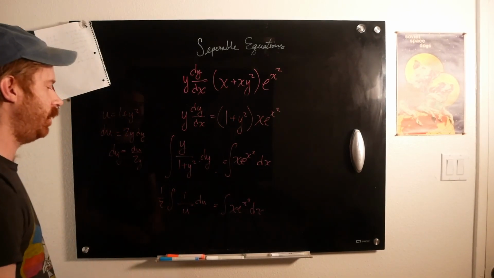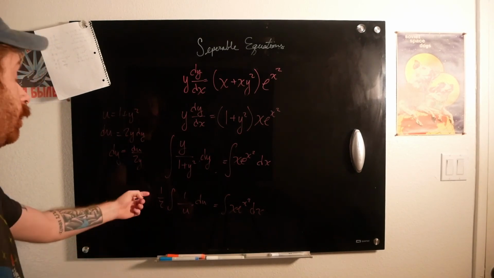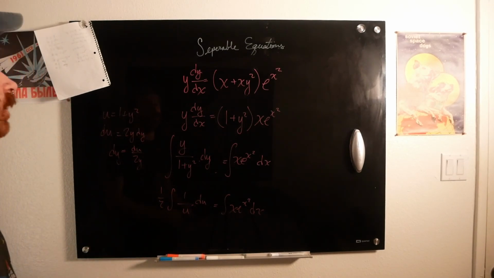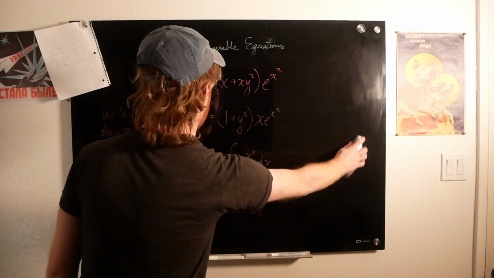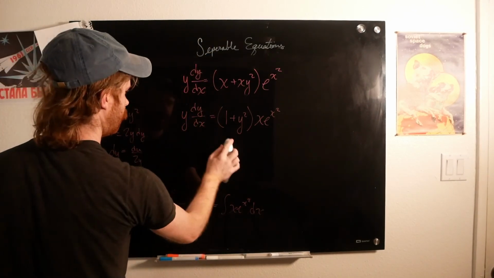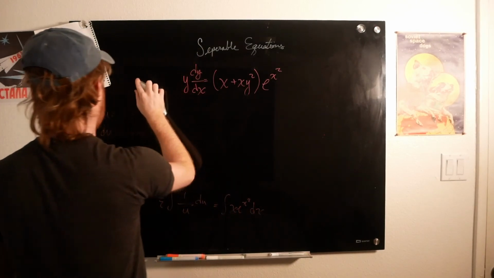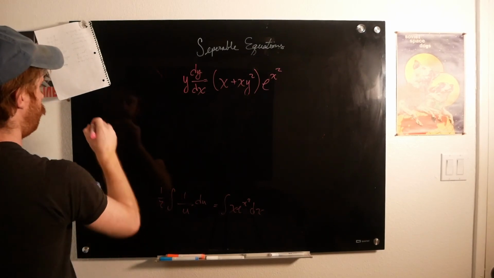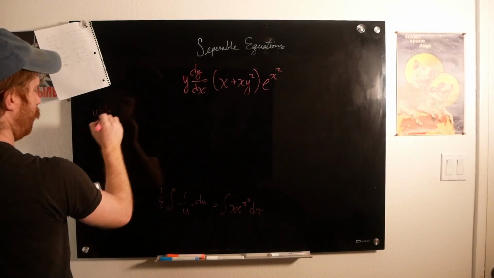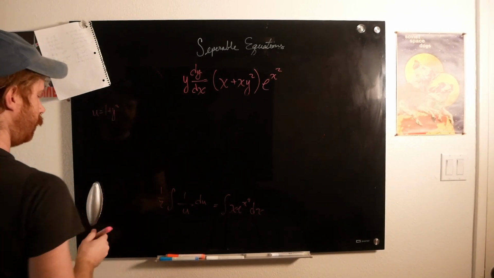So we're left with 1/2 the integral of 1 over u du equals the integral of x e to the x squared dx. So let's bring this back up top, and we'll erase this. So actually we need that u is equal to 1 plus y squared still.